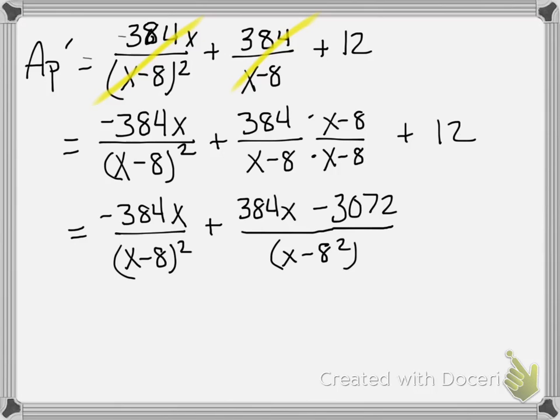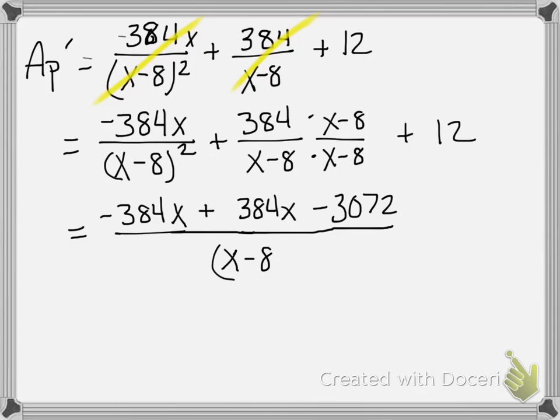And since those denominators are the same, you can add those two together by basically just extending the line out. And we just move that over to make it easier to see. And we still have our plus 12 out here.